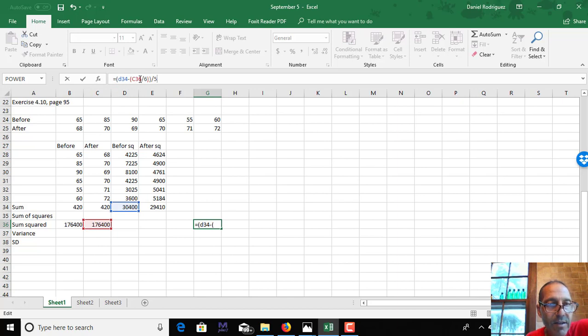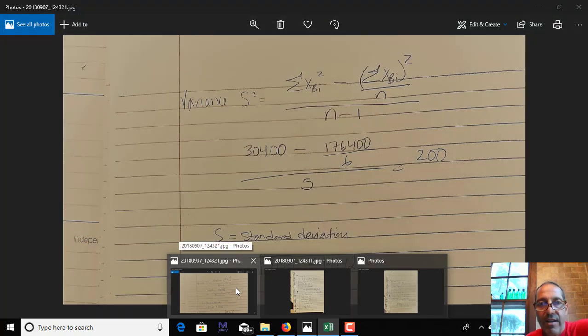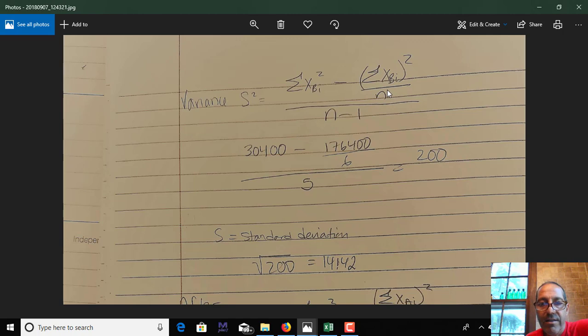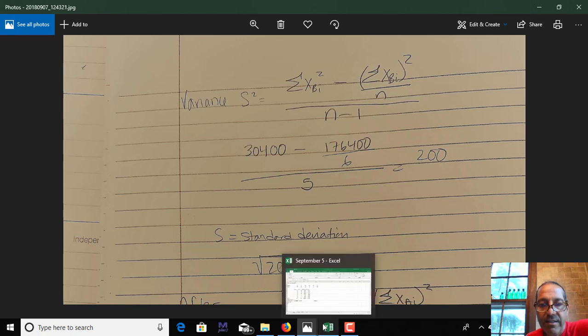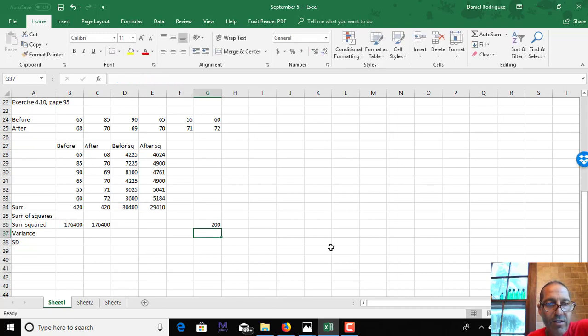So let's go divided by this, okay, and that's divided by n, right? If you look at this, it's divided by n right here. And n is 6, so that's divided by 6. I got that, and then the whole thing's divided by n minus 1. So this should be what we need, and it's 200.